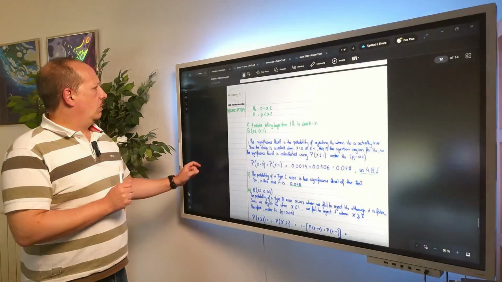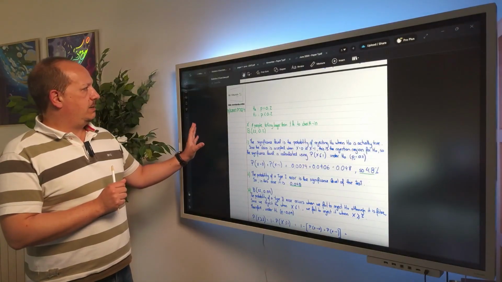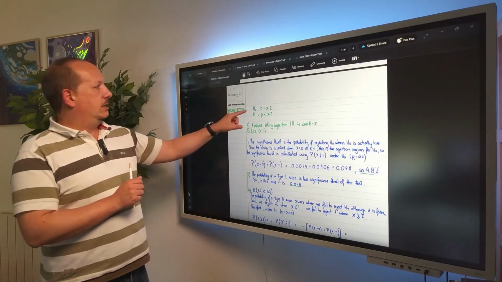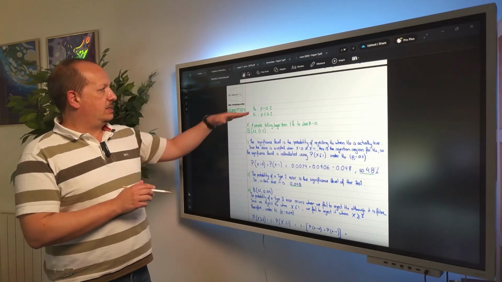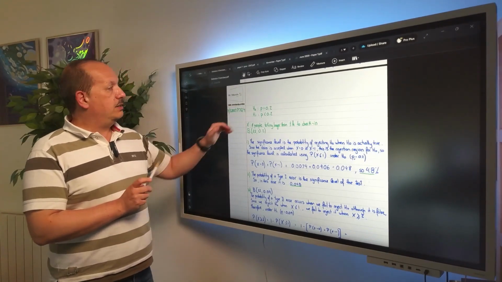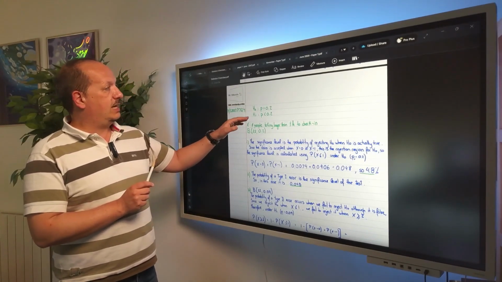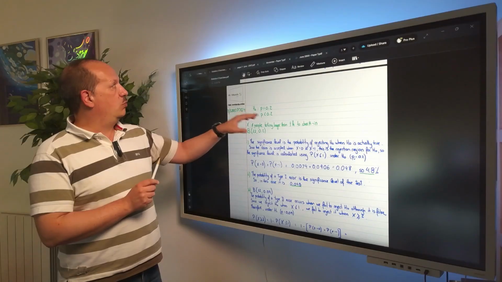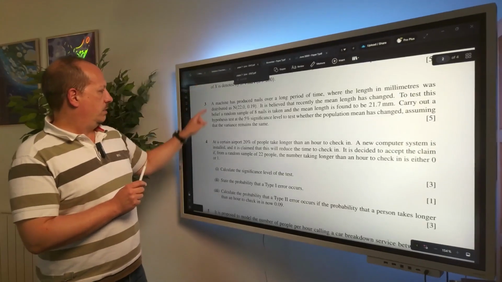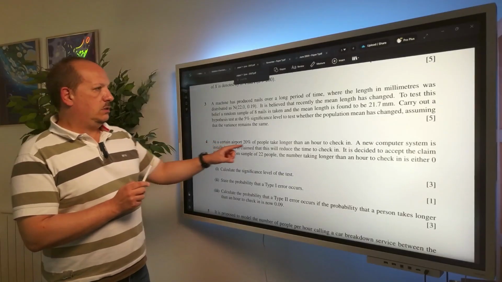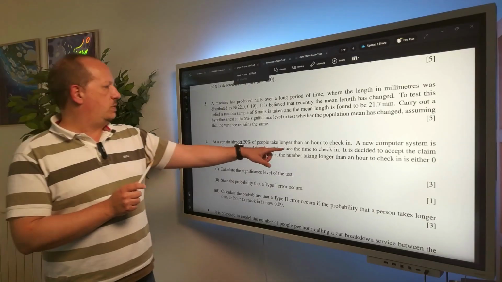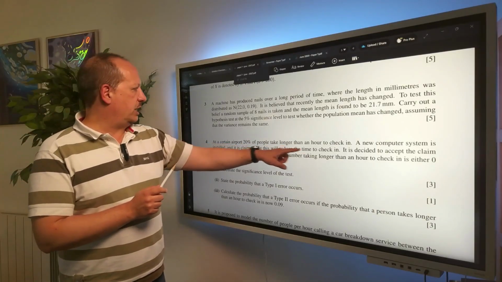Okay, so what is the key information that you should retrieve from that text? H0, the null hypothesis, that is the probability is 20%, 0.2. And the alternative hypothesis is that it's smaller than 0.2. As you can see here, the computer system is installed and is claimed that this will reduce the time to check in.